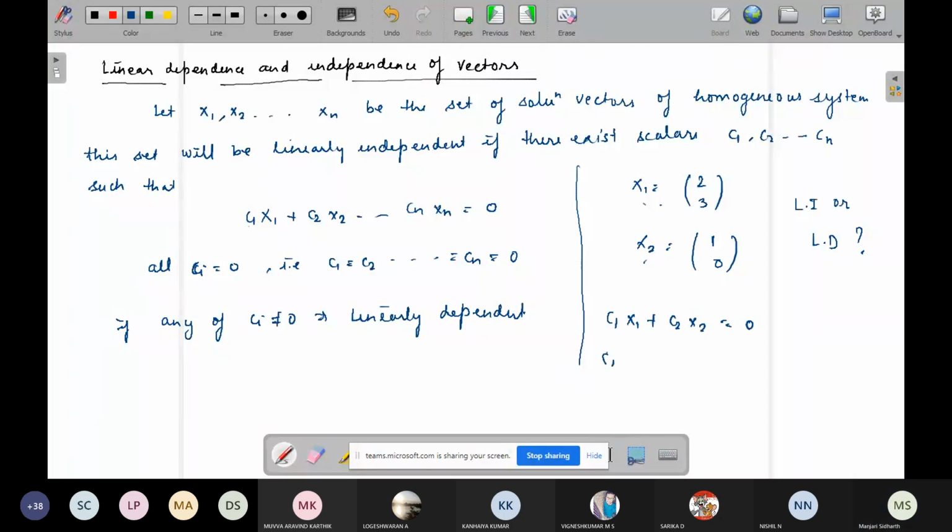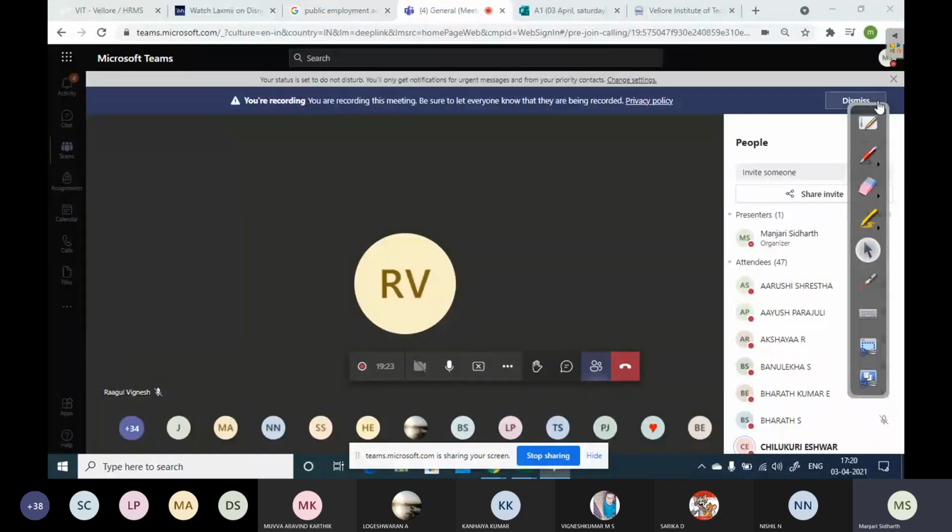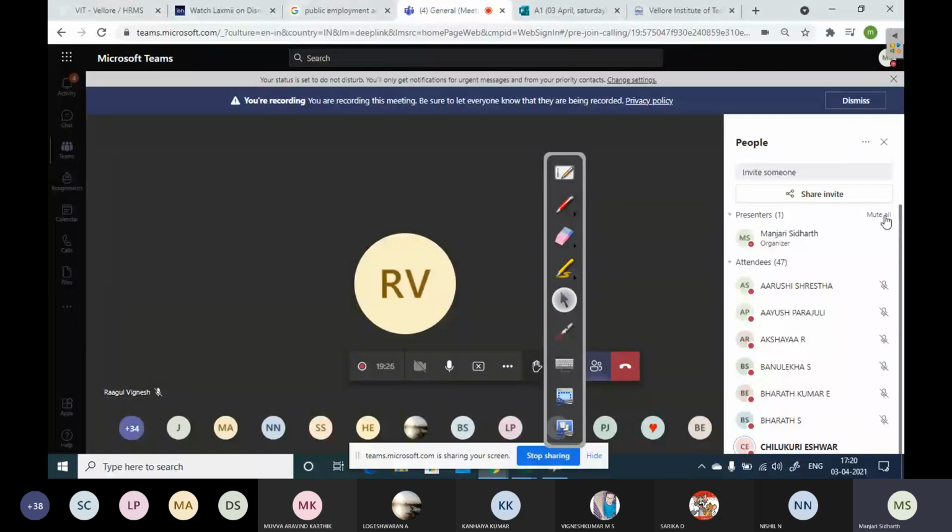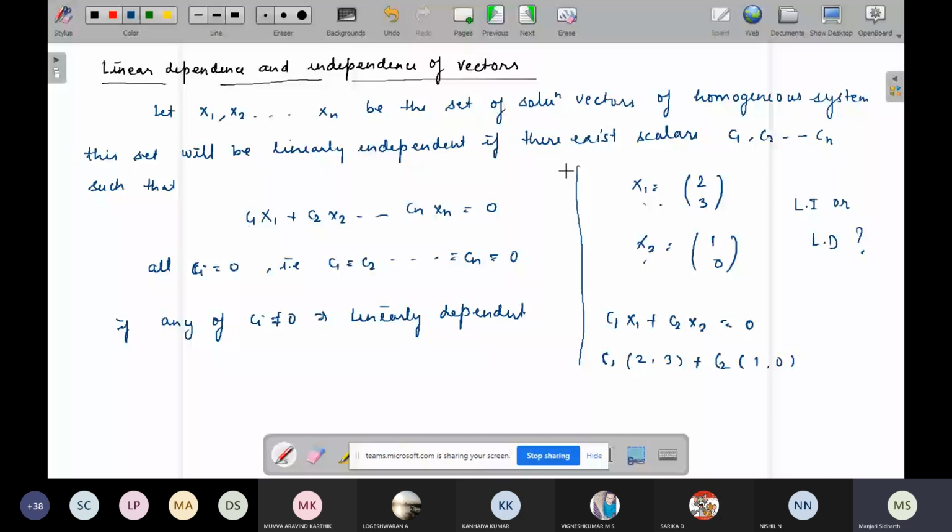So c1 times (2, 3) plus c2 times (1, 0) is equal to 0.